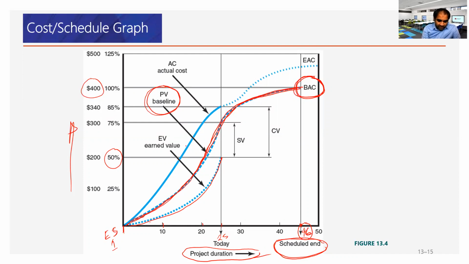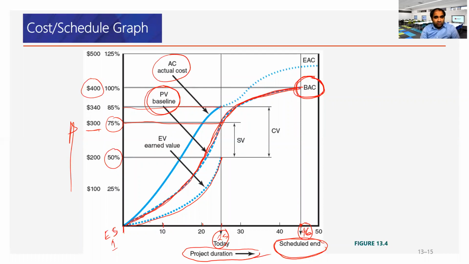The very top one is the actual cost, here, 85%. This is planned value. We planned for the end of day 25 to complete 75% of the project.